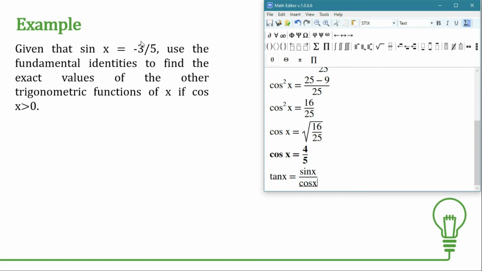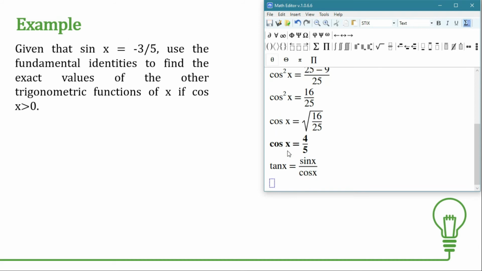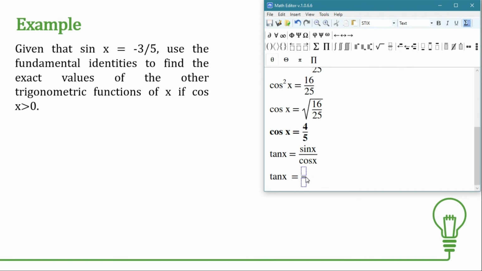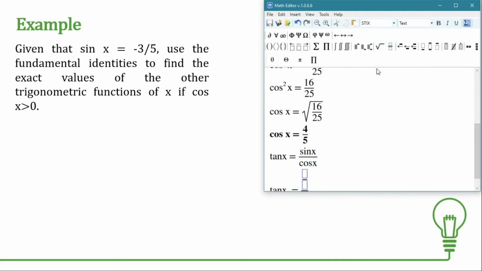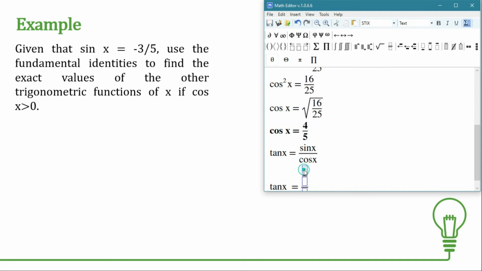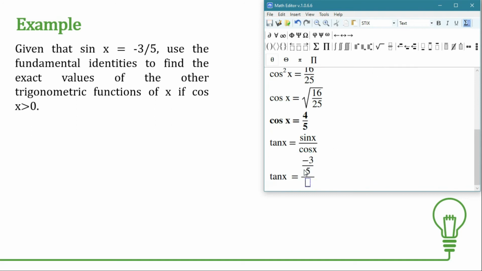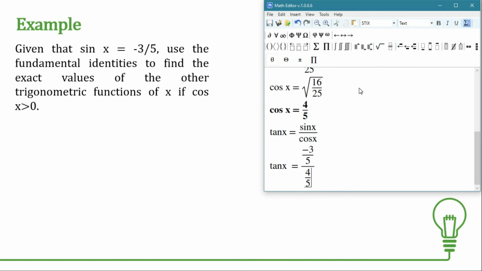And since given naman na tayo nito, what we're going to do is just to substitute the values. So, we have tan x equals, ano ba yung sine x natin? That is negative 3 over 5. And then, si cosine x, na-solve natin kanina, that is 4 over 5.